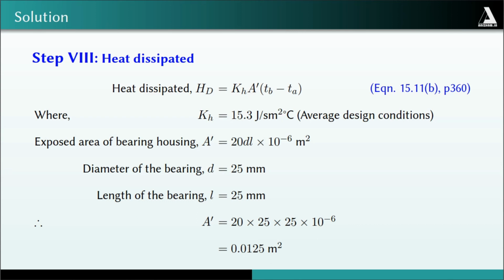This is given below the equation itself. Then A dash is the exposed area of the bearing housing, that is 20 dl into 10 raised to minus 6 meter squared. So D is the diameter of the bearing, that is 25 millimeter. L is the length of the bearing, that is again 25 millimeter. Therefore, A dash is obtained as 0.0125 meter squared.